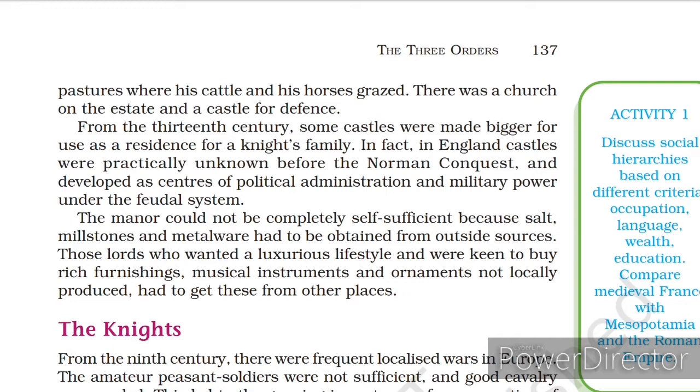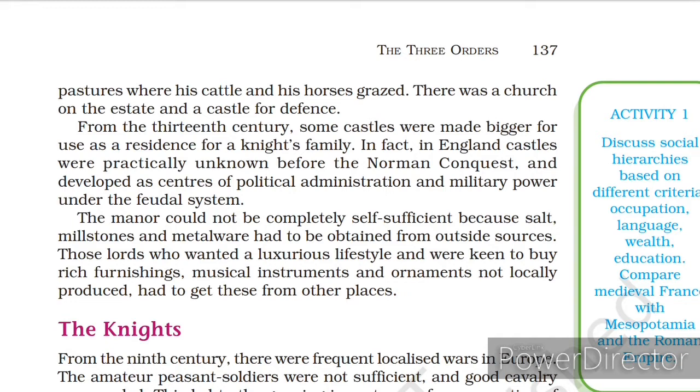Those lords who wanted a luxurious lifestyle were keen to buy rich furnishings, musical instruments and ornaments, which were not locally produced. Now this is like showing off, right? Because these manors were very rich. Whatever was made in the local area, they said, okay, we can buy it after a few days.